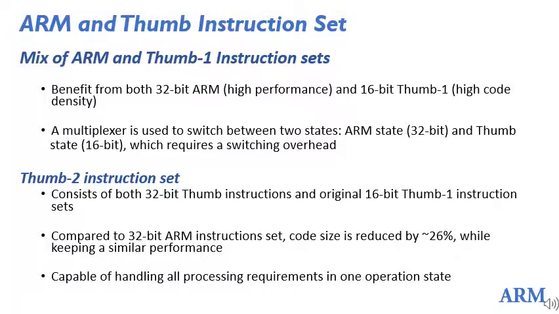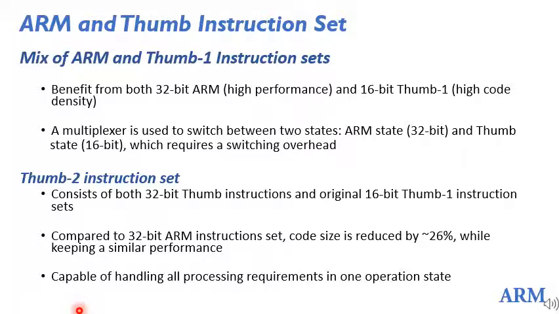Next, the Thumb 2 instruction set was formed to overcome this drawback as well. This comprised both the 32-bit Thumb instructions and the original 16-bit Thumb 1 instruction set. That means whatever tasks were performed using the 32-bit ARM instructions were now performed by the 32-bit Thumb instructions, and of course the original 16-bit Thumb 1 instruction set was also included.